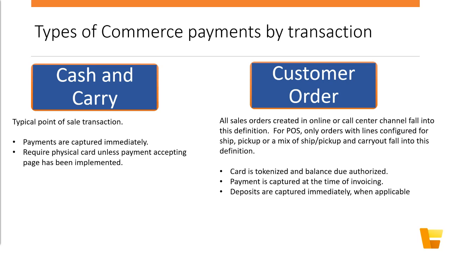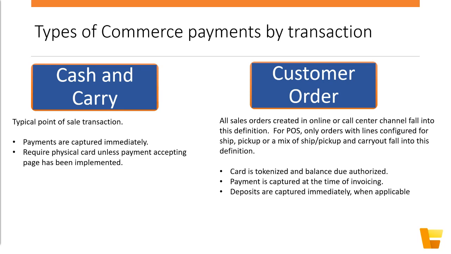So where a cash and carry is sort of one single transaction that happens within a few moments, a customer order can take place over time. So all of our sales orders created in the online or call center channels fall into this definition, because there's a moment where an order is created, that you add lines or products to that order, figure out the delivery for that order, whether it's a shipping, pickup, or a mix of ship and pickup, or carry out in some cases, and then those orders or goods are fulfilled, or that order is fulfilled.